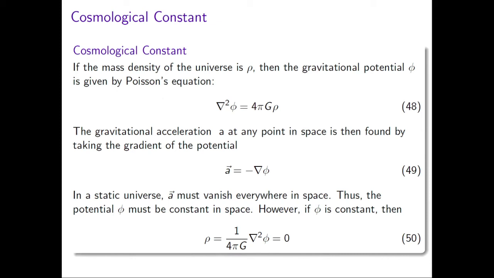For people who might be knowing, he is Albert Einstein. Einstein brought in the cosmological constant to fit the condition for a steady state universe, which I have actually talked about in my previous lecture.